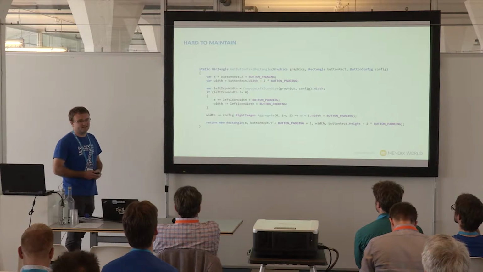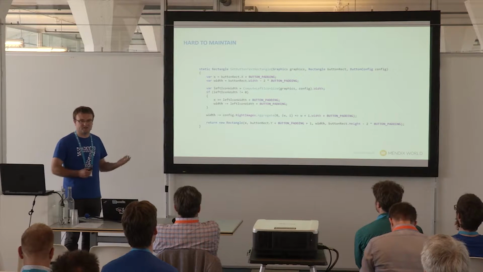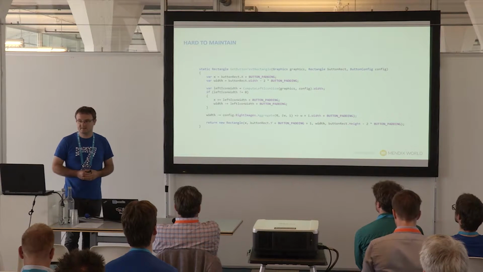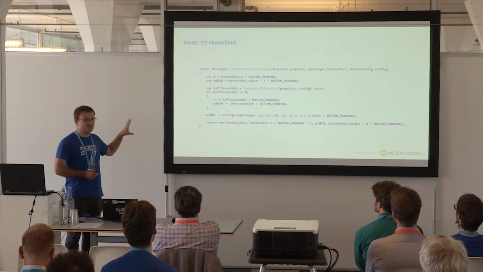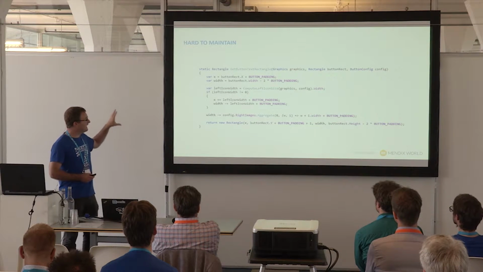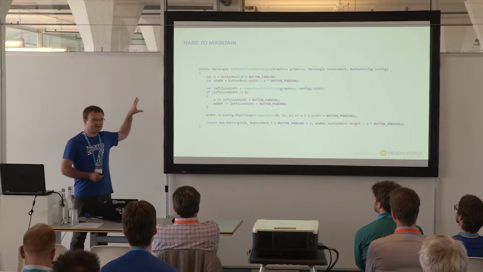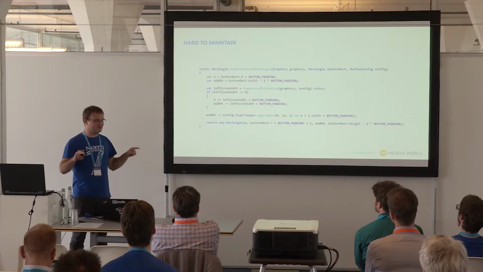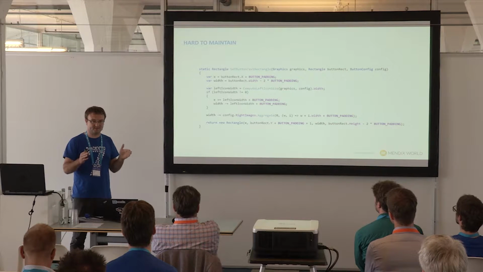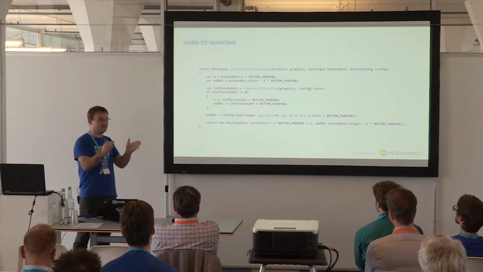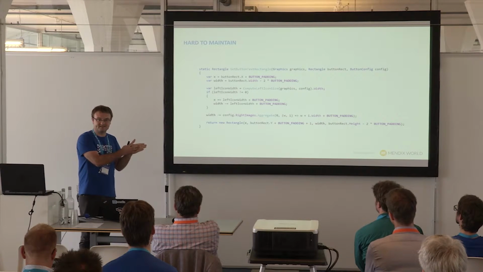And as I just mentioned, the current C# desktop modeler is very hard to maintain. This is a piece of code that I copy-pasted out of our code base. This is not changed. What it does is calculate a rectangle in which we can put text on a button. So you have a button, it has some padding because you don't want your text to be near the border.